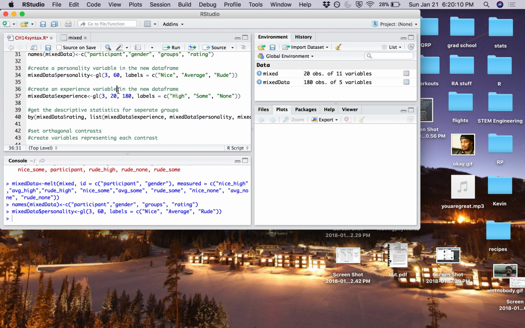So next we will create the experience variable in the data frame, and this specifies whether the participant rated had high perceived experience, some experience, or no experience. And we once again indicate that we want 3 sets of 20 scores, which will create 60 cases, which is 3 times 20, and 60 cases here, specified above.